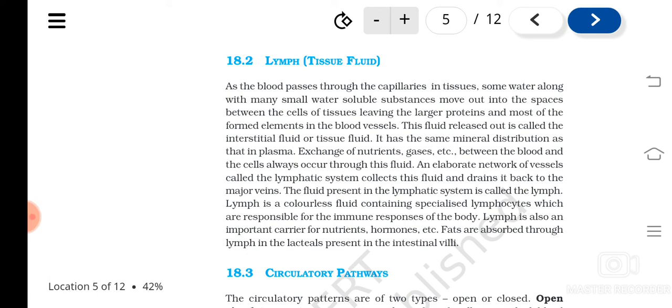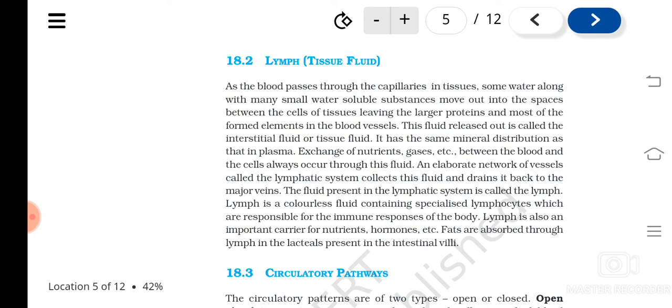Now the next topic is lymph. So what is lymph? As the blood passes through the blood capillaries in tissues, some water along with some small water-soluble substances will move into the spaces between the tissues, the intercellular spaces.